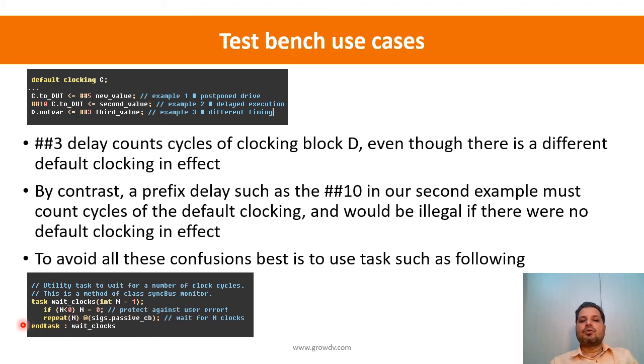In this task you can utilize explicit clocking block delays and avoid the confusion of using the hash delays, because hash delays depend both on the clocking block being driven and the clocking block being active through the default clocking block definition. If you use an explicit task where you wait on certain clocking block events themselves, that will avoid the confusion.